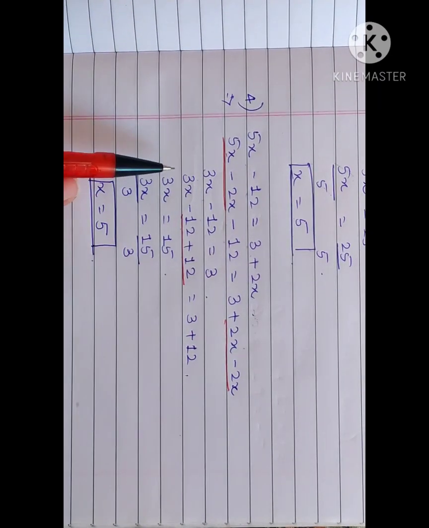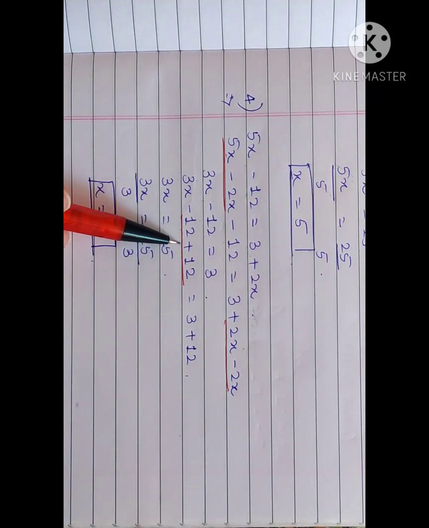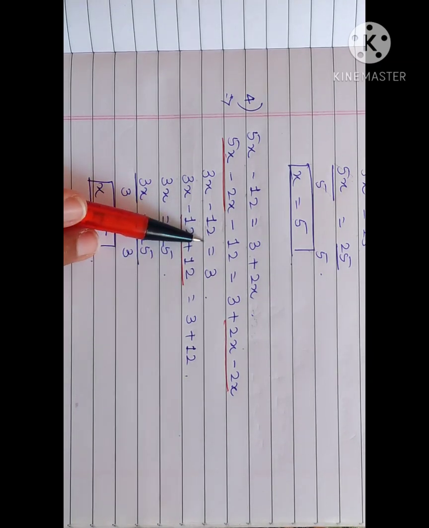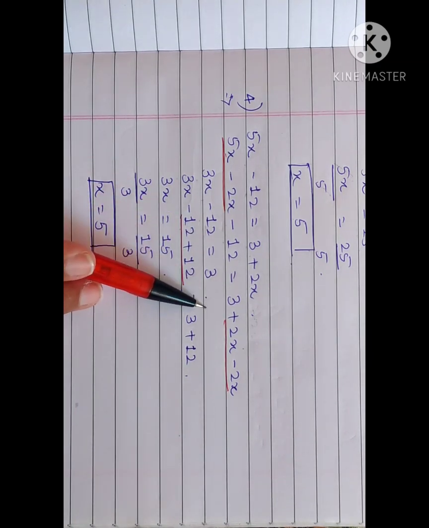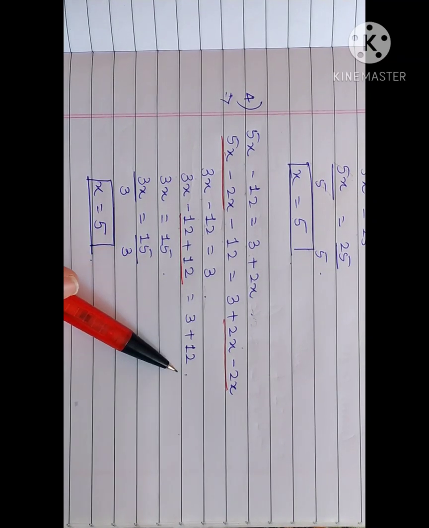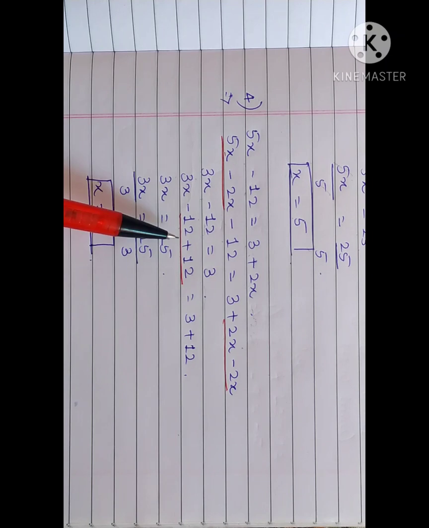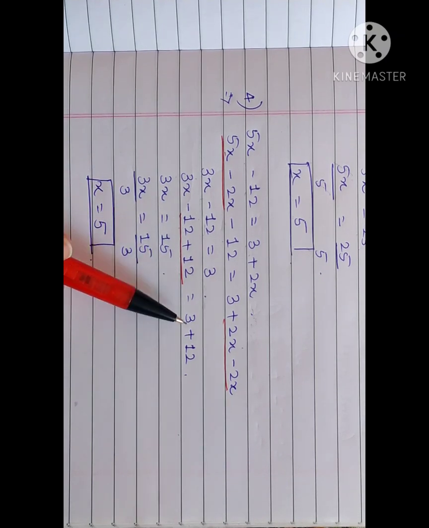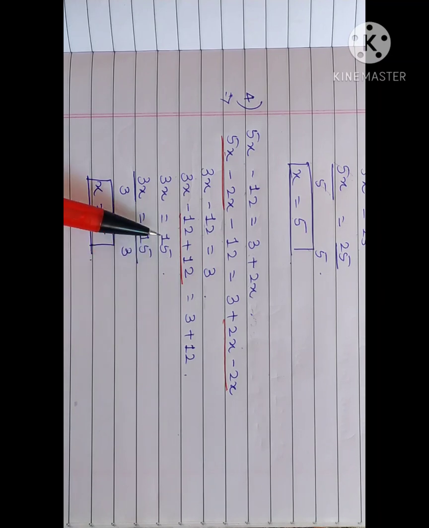So the whole thing becomes 3x minus 12 plus 12 is equal to, if we are adding 12 on this side, we will have to add 12 on this side also. So this will be 3 plus 12. Now this 3x as it is, minus 12 plus 12 is going to be equal to 0, and 3 plus 12 is going to be equal to 15.